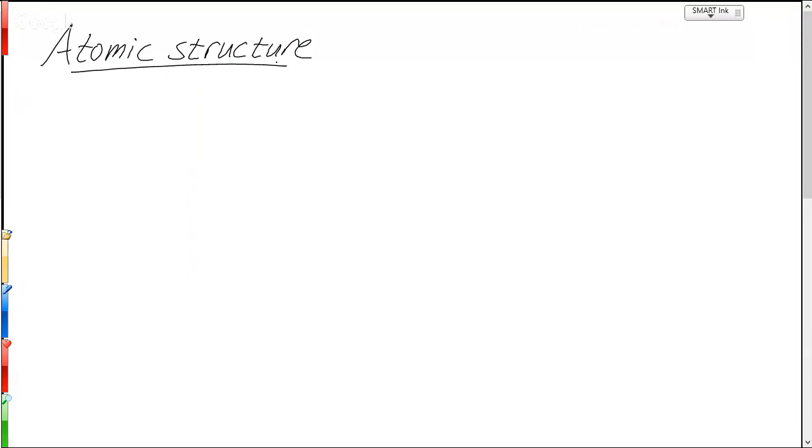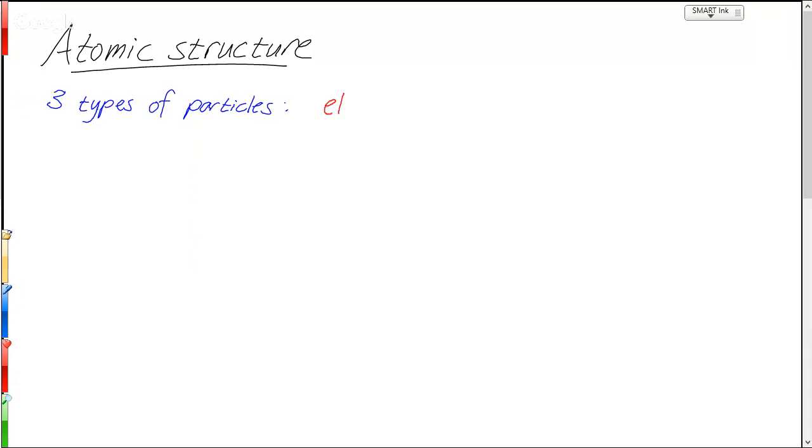Okay, so our basic atomic structure that you may have heard from before has three types of particles that make up an atom. Anybody know what they are? Electrons is one.